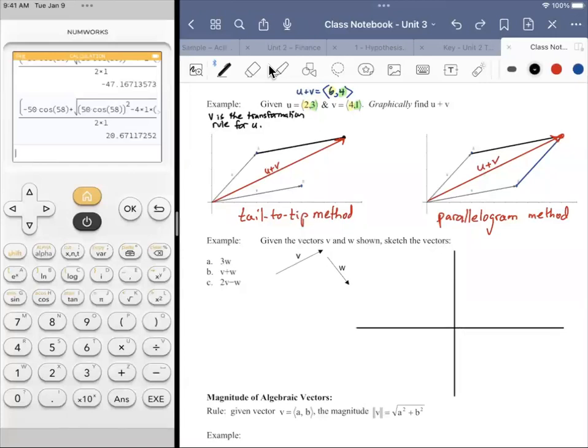I'm going to take W, its size and orientation preserved, and pin it at the origin. So that's now W. Then V, same deal. Pin it at the origin.